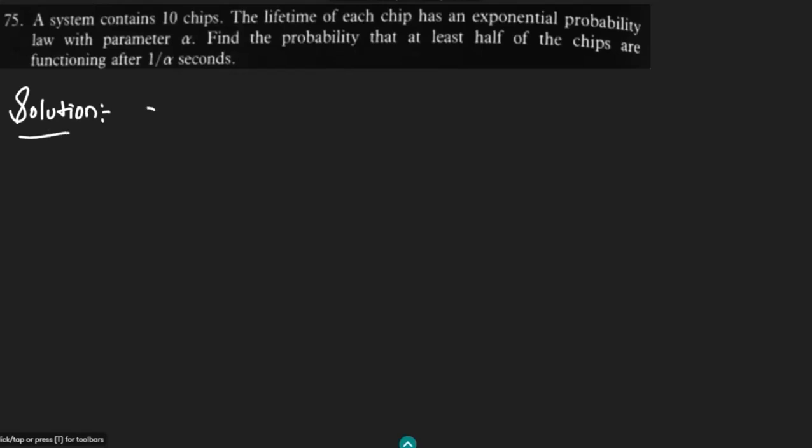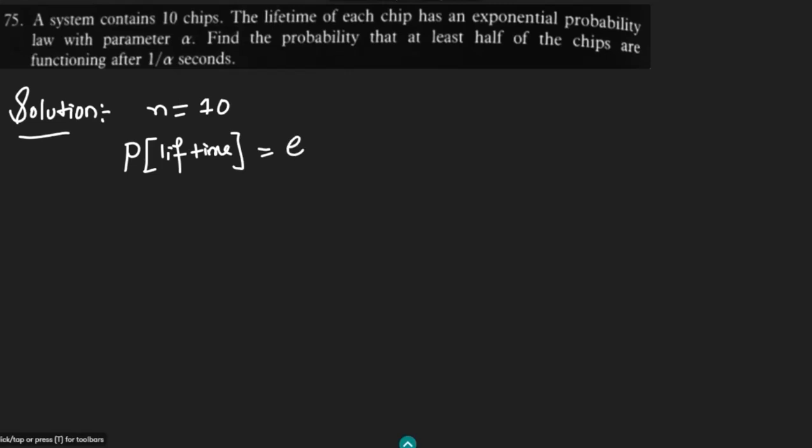Okay, so the number of chips we have here is 10, this is the given data, and the lifetime of each chip has an exponential probability. So the probability of the lifetime is following this exponential probability law with the parameter alpha.